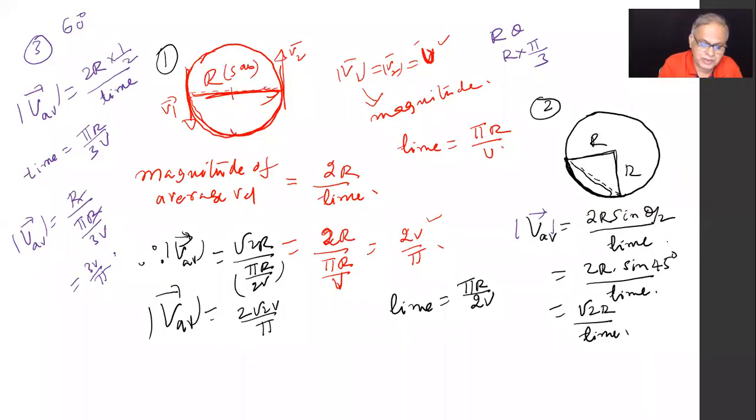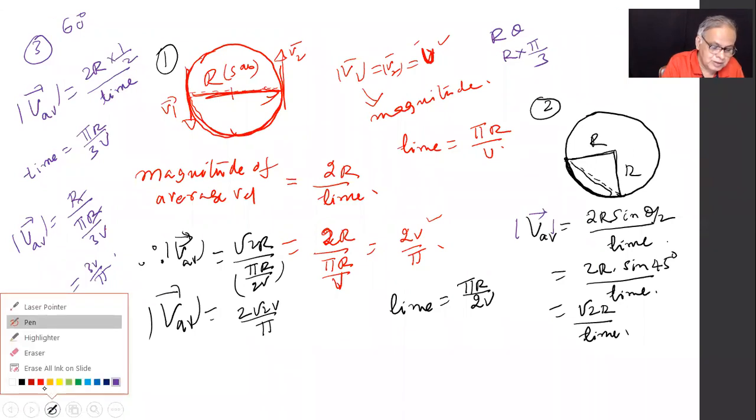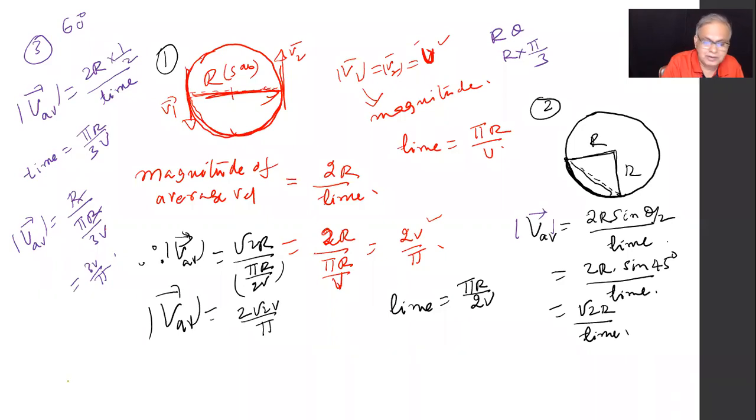Next, the fourth one, children. Tulasivardhan, are you all attentive? Now, fourth one. I'll write once again: magnitude of V average.